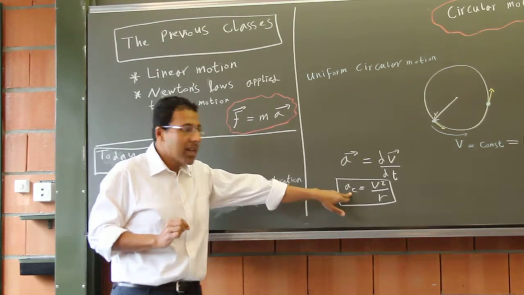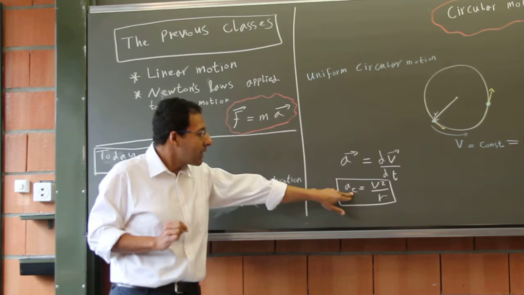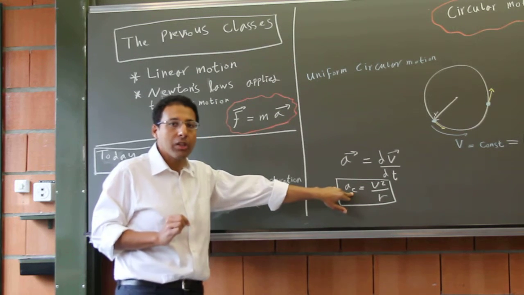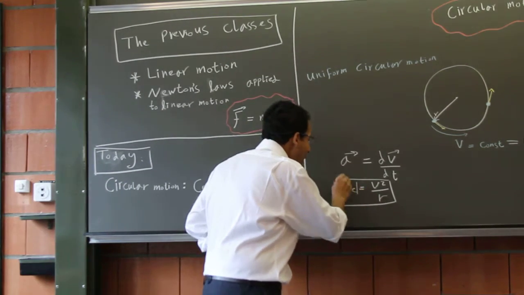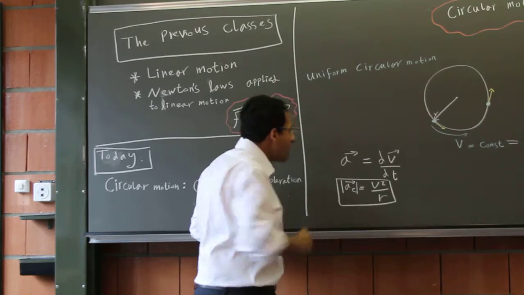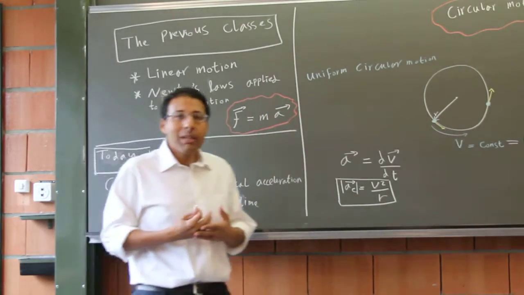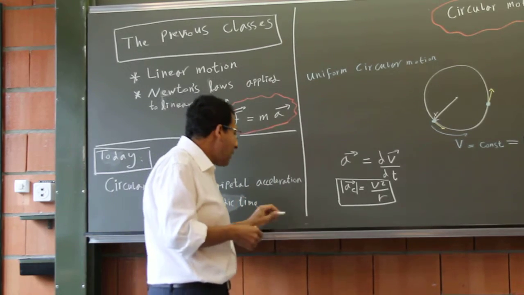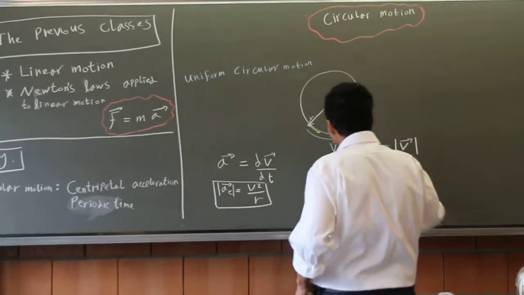And this is called the centripetal acceleration. This symbol C just denotes it's a centripetal acceleration. Okay, this is the magnitude of my acceleration. What about its direction? Centripetal means center-seeking, and in fact, the direction of this acceleration is toward the center.